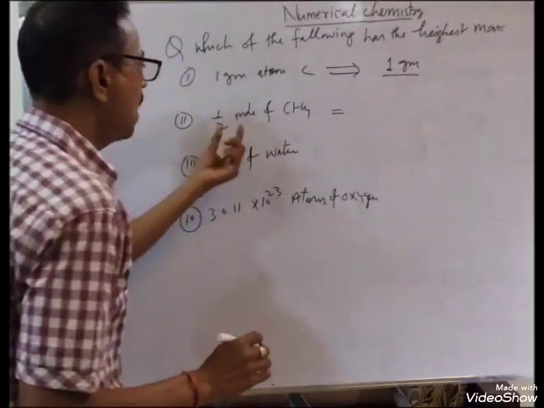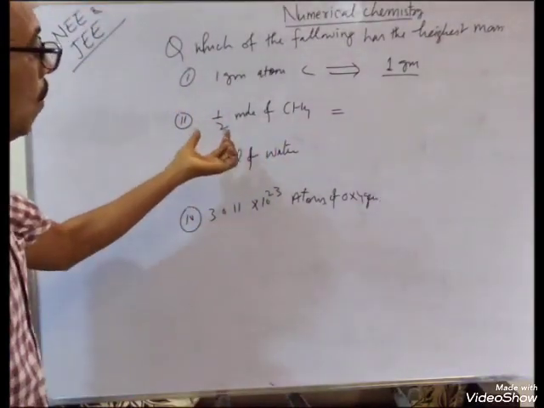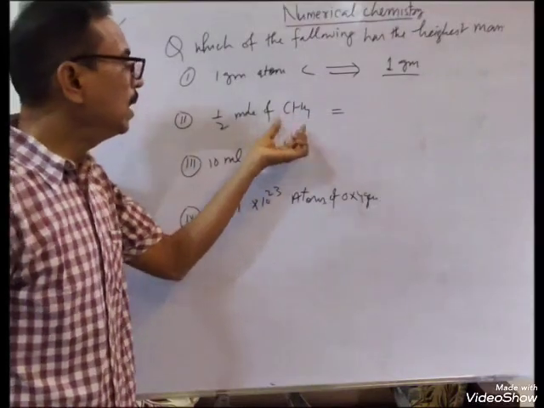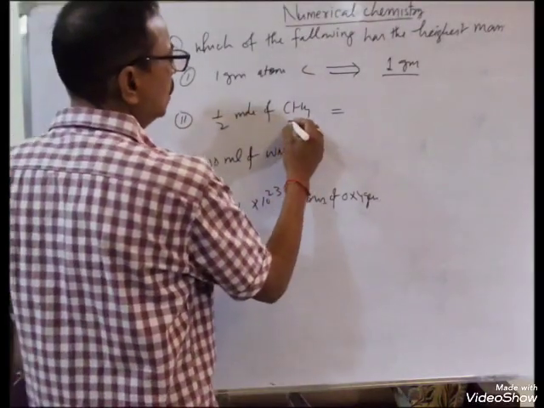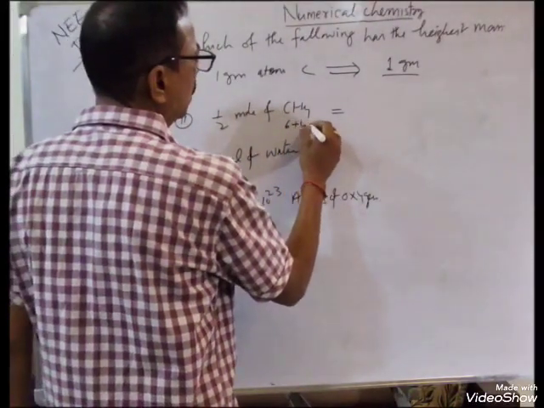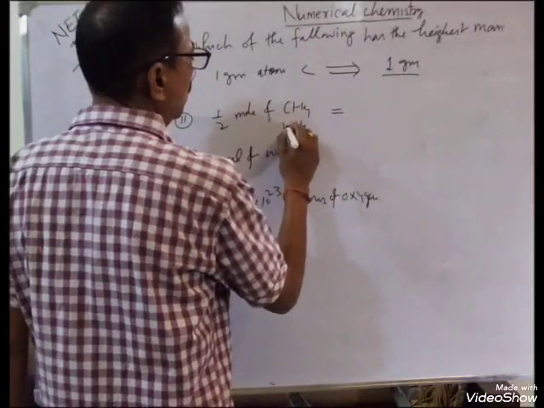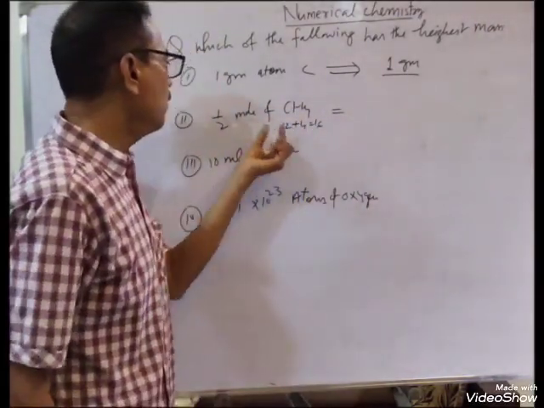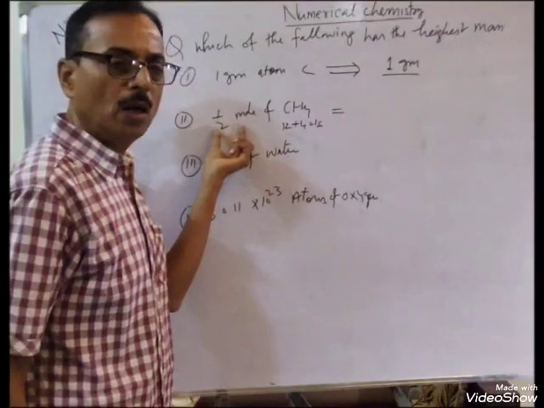Second, half mole of methane. 1 mole of methane means the molar weight of methane, and methane is 12 plus 4, that is 16. It means 16 gram will be 1 mole.